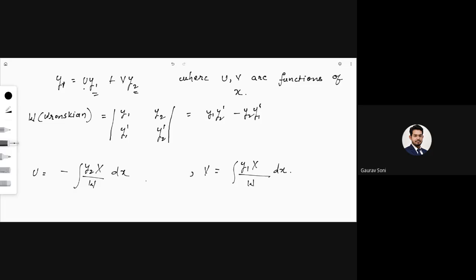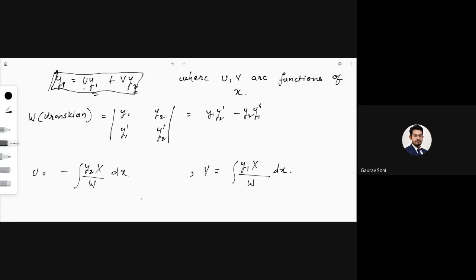Once we get this u and v, we will put that here, and that is our yp. So this is the complete variation of parameters process to find the particular solution for a given linear differential equation.